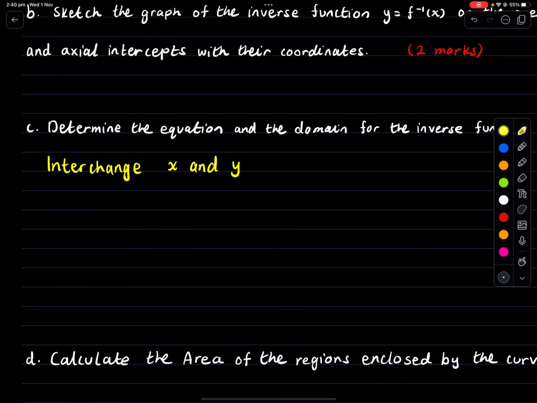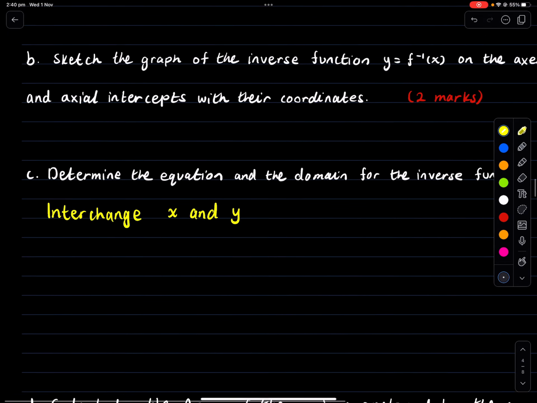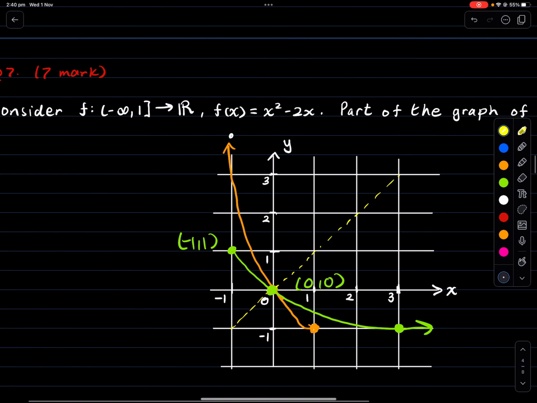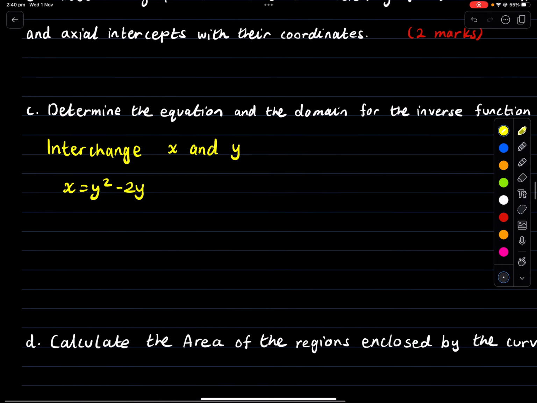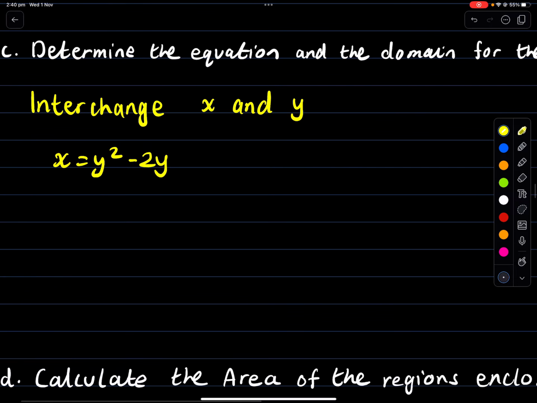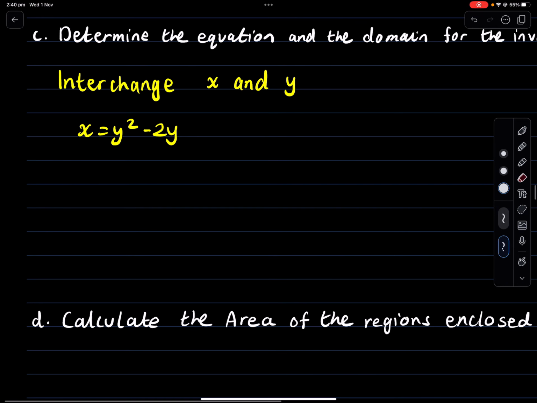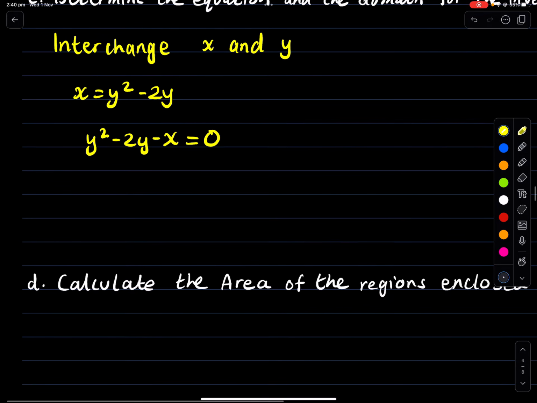So x equals y squared minus 2y. Now how do we get y? This is just a quadratic. So bring that x to the other side: y squared minus 2y minus x equals 0. And we're going to solve for y.